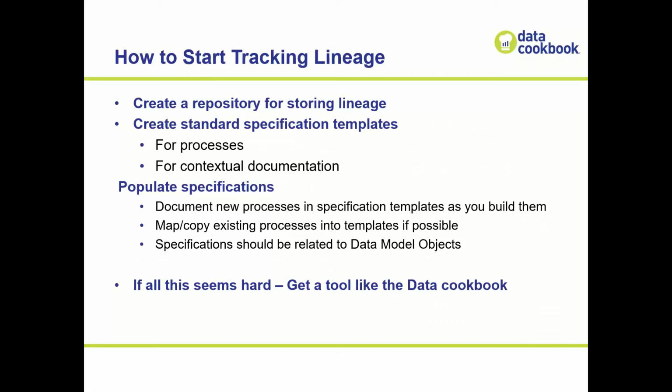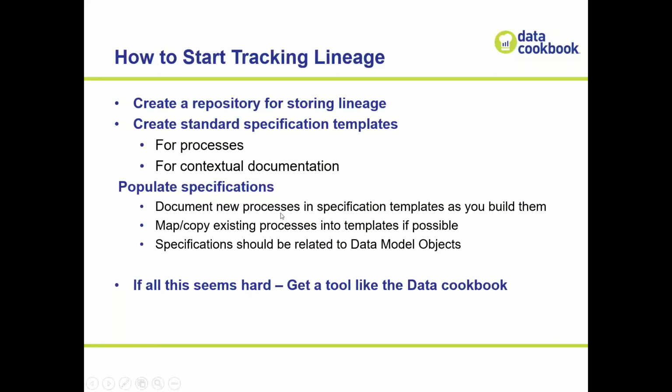Maybe you have spreadsheets for this to store the source, target, and process lineage. You can also use this to document contextual documentation. Instead of documenting real integration processes, you're just documenting entity to entity, system to system, or even object to object mappings at a conceptual level for the purpose of tracing things, but not necessarily documenting a general process.